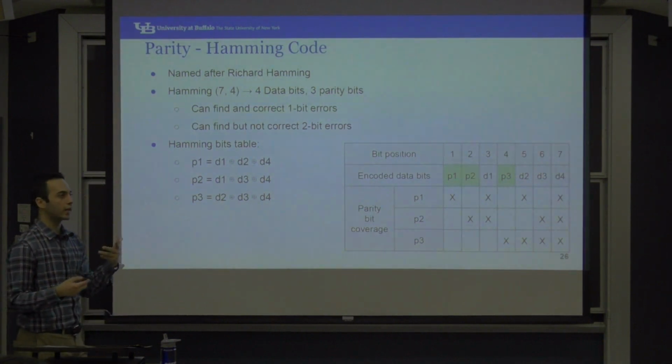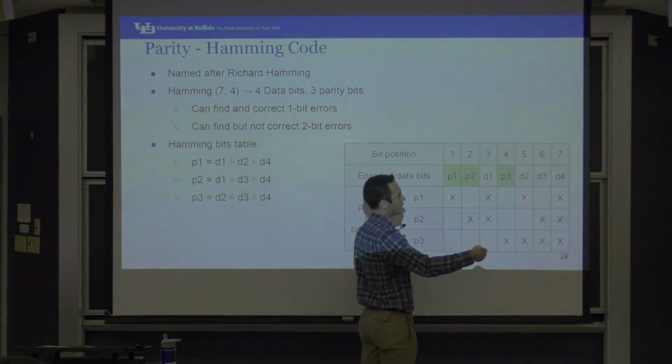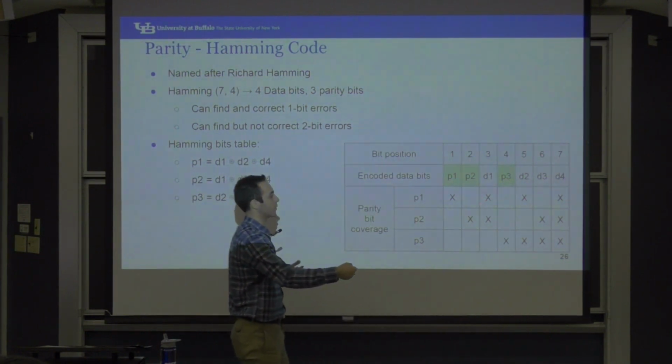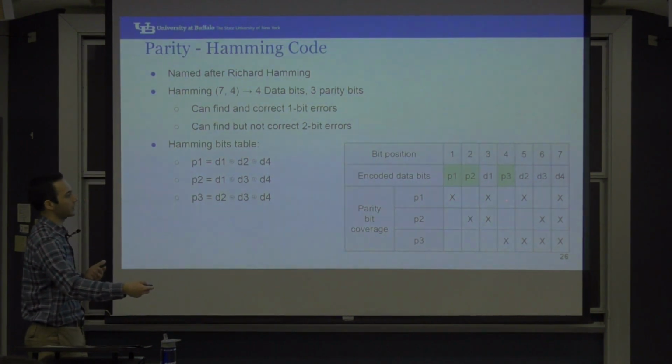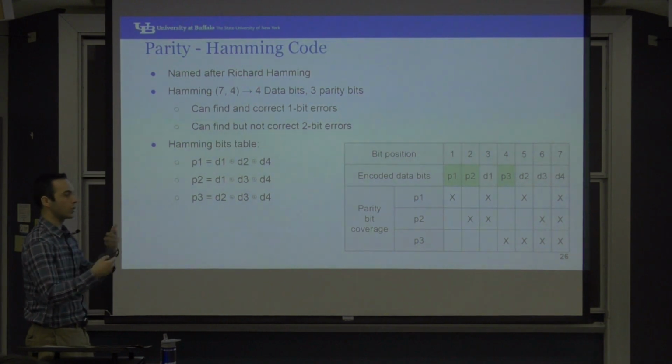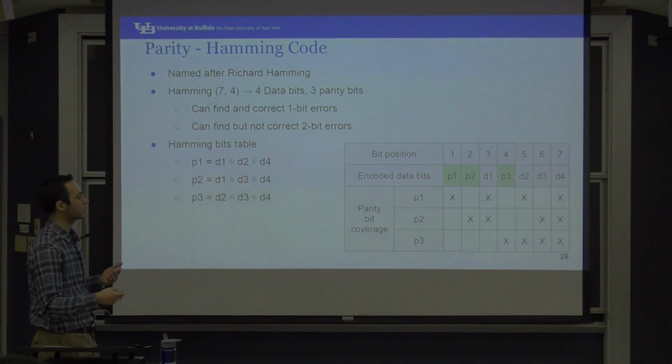If it's 1, then either P1 itself or D1 or D2 or D4, one of them was flipped, because P1 is supposed to have an even parity for these 3. So if you calculate these 4, they should always end up 0. This also should be 0. This also should be 0.